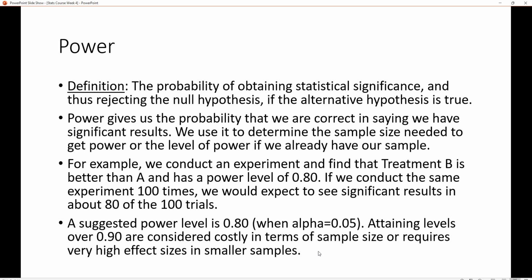So at the 80% level, it's a lot easier to go from a power level of 70% to 80% than it is to go from 80 to 90%. And it's a lot of work and effort to go from 90 to 95%. So we have to really consider this when we're thinking about doing a power analysis and trying to attain a certain level.